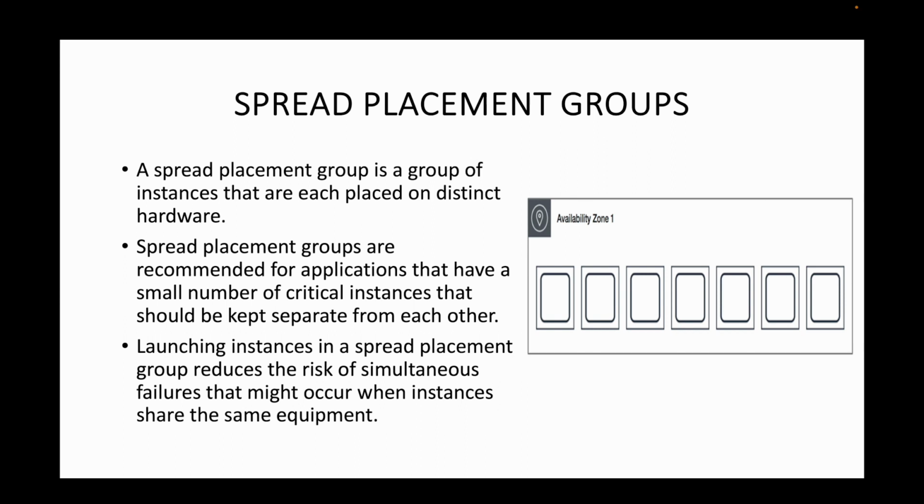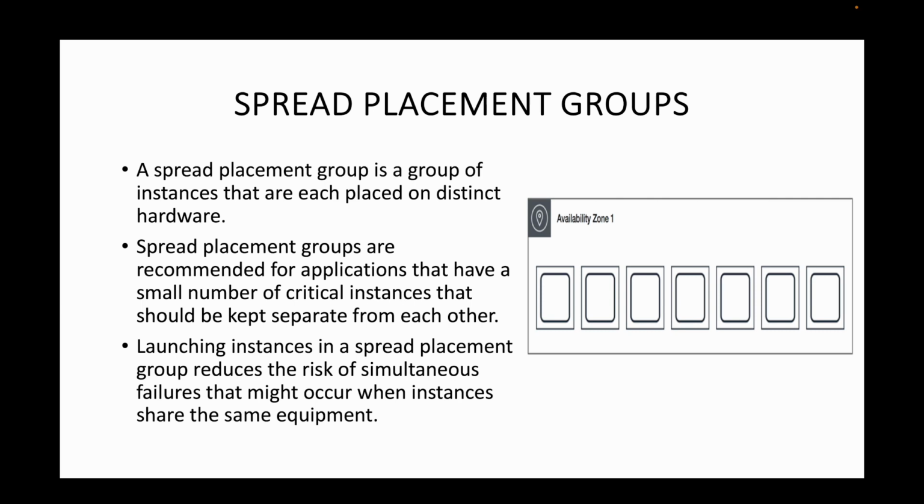Launching instances in a spread placement group reduces the risk of simultaneous failures that might occur when instances share the same equipment, so the same hardware. Again, the point is to reduce the likelihood of hardware failure so that your instances are not affected. So that's about your placement groups.